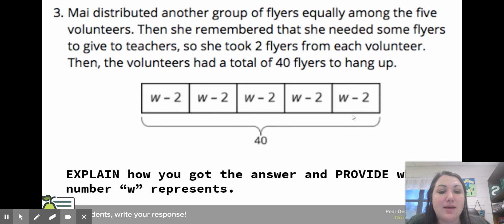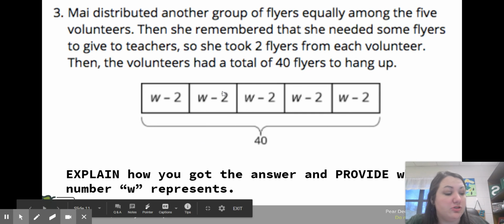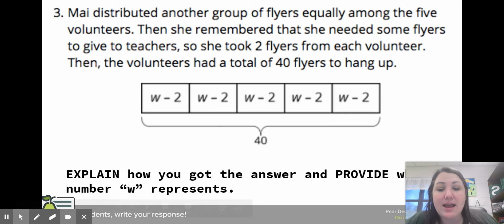So this may help you out quite a bit. If you need a reminder of how to solve it, go back to activity 1 and watch the video that I created. I gave you an example with some numbers, and I want you to use that example to help you solve it.